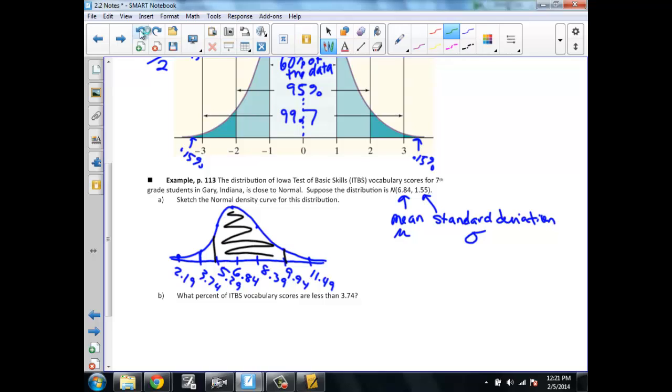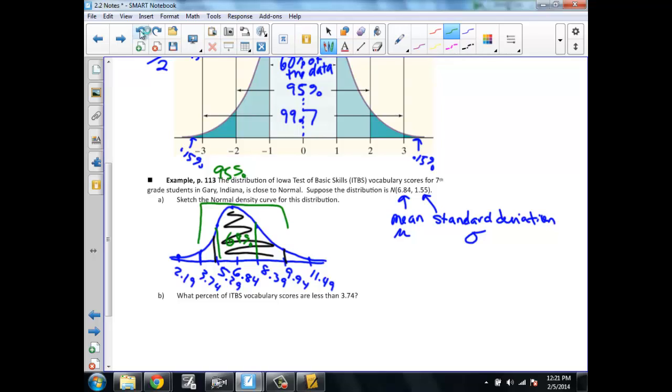So, divide it up. What do we know? The first standard deviation is 68%. And then I've got this extra part here. This is my second standard deviation. The second standard deviation is 95%.